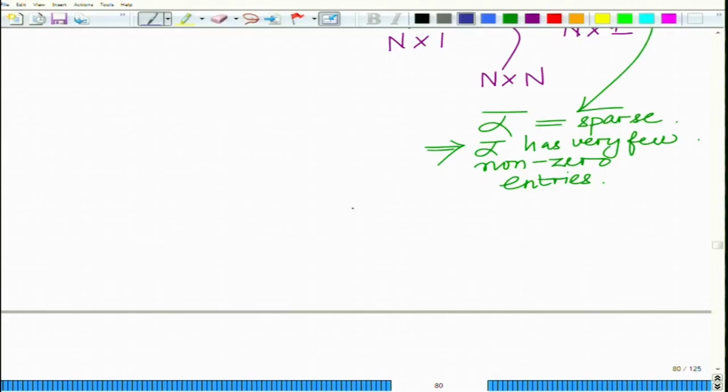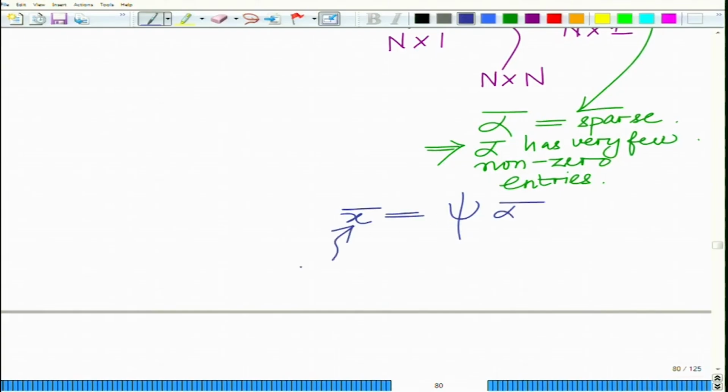So, either x bar is sparse, the vector that you are trying to recover, or more importantly, and this is what happens more frequently, like an image, x bar can be expressed as a linear transformation of a sparse vector. For instance, if you take an image and look at it in the spatial domain, it is not sparse, but if you take, for instance, the wavelet transform, it is an excellent example. If you look at the wavelet coefficients of an image, then they are sparse, very few coefficients are non-zero. So, therefore, I can have an image x bar which is psi times alpha bar.